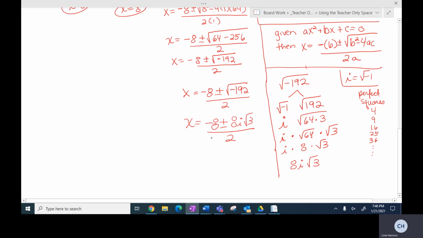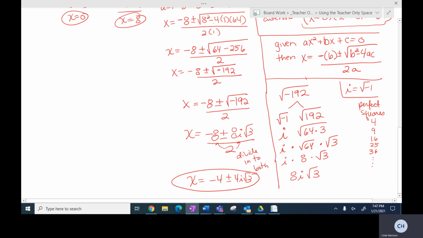Finally, now I can simplify that fraction. I have to divide 2 into both of those. So divide into both. So x equals -4 plus or minus 4i square root of 3. So those are 2 solutions because of the plus or minus.